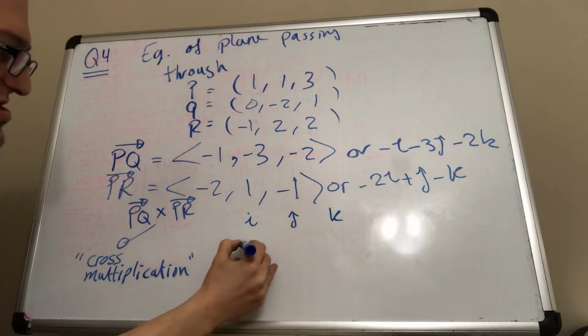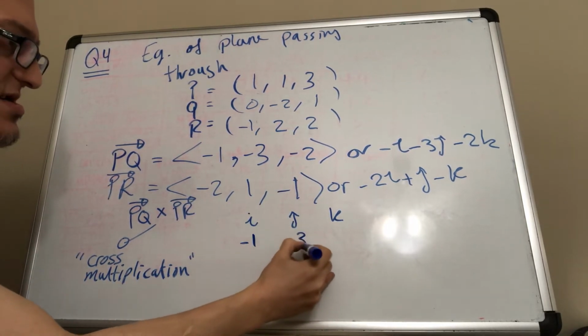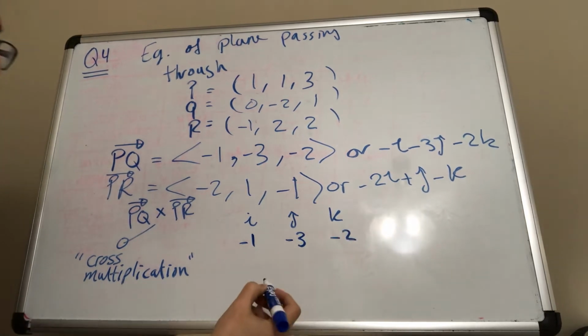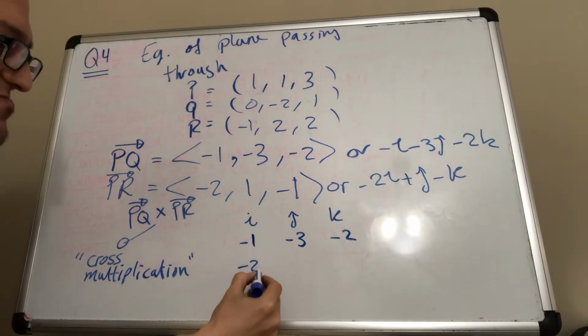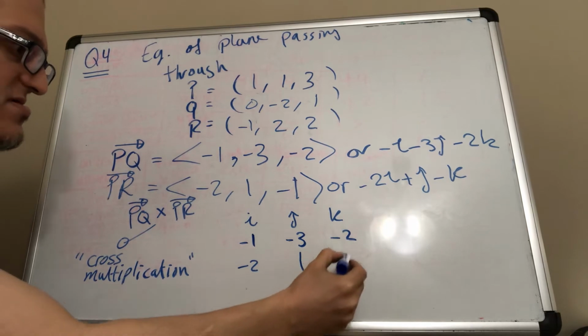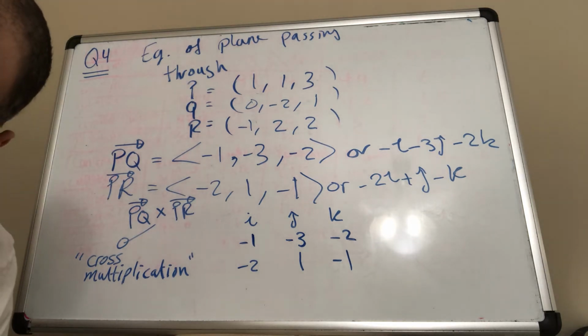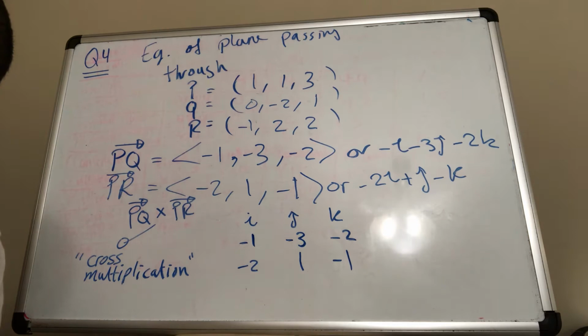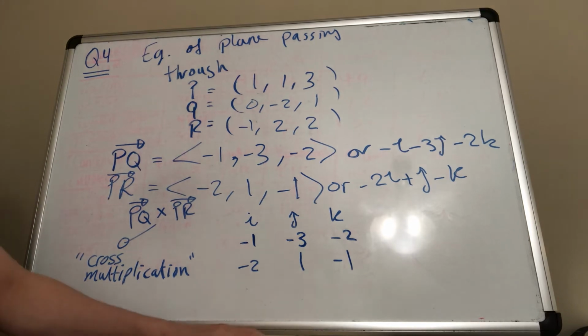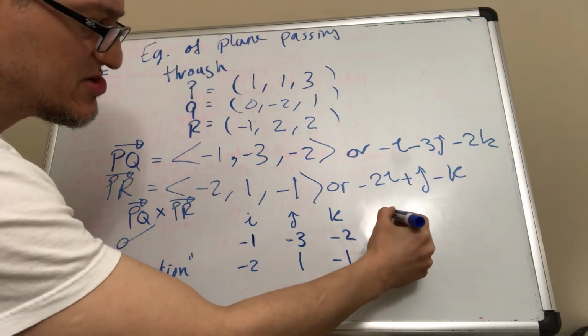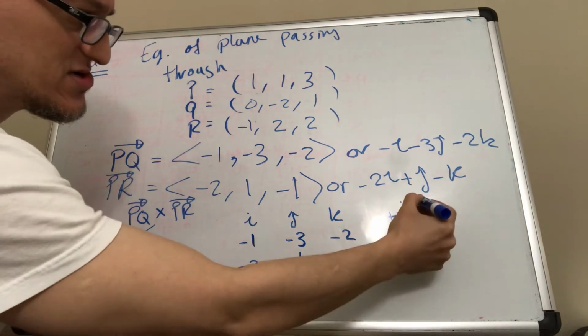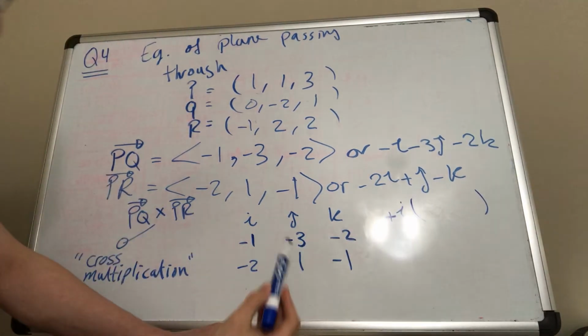For the first one, you have -1, -3, -2, and for the second one, -2, 1, minus k. You will see another question on cross multiplication when we do worksheet B. To do the cross multiplication, you take i positive first, and you do the following.